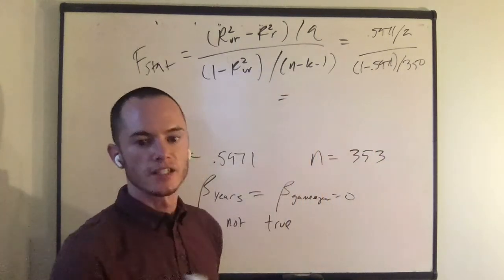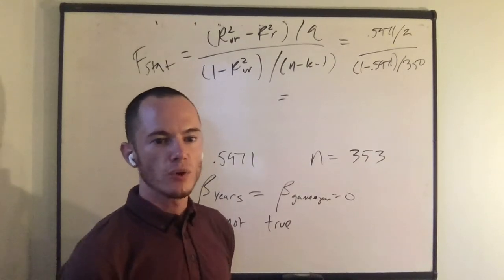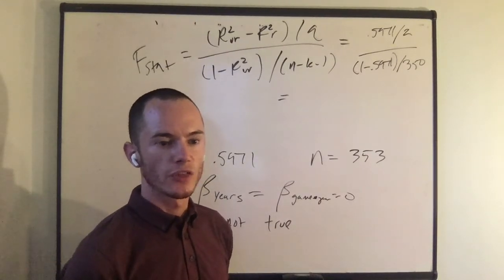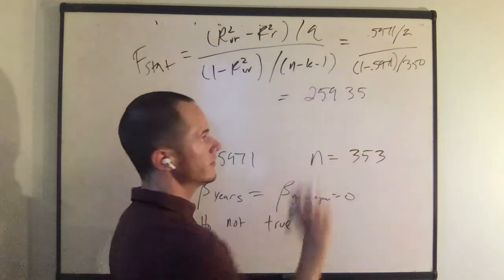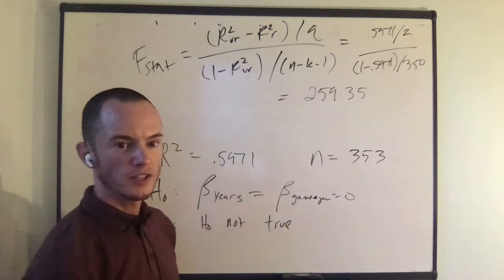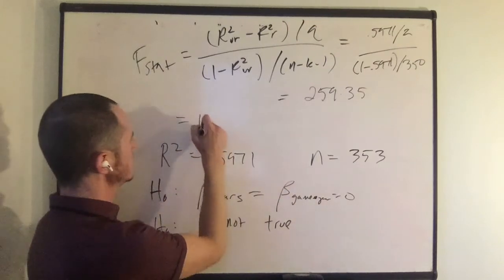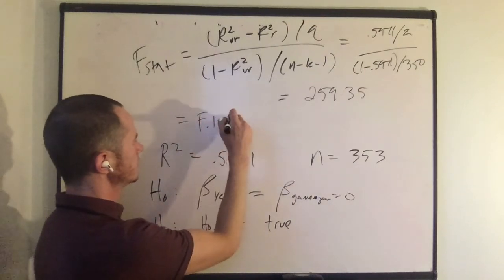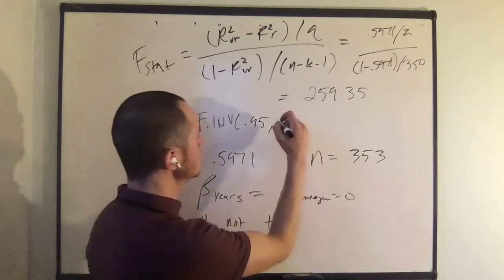This F statistic, if I have done my math correctly, is 259.35. And I will leave it to you to check my math. We can get the critical value using Excel. I have plugged into Excel equals F.INV, 0.95. Our Q is 2.